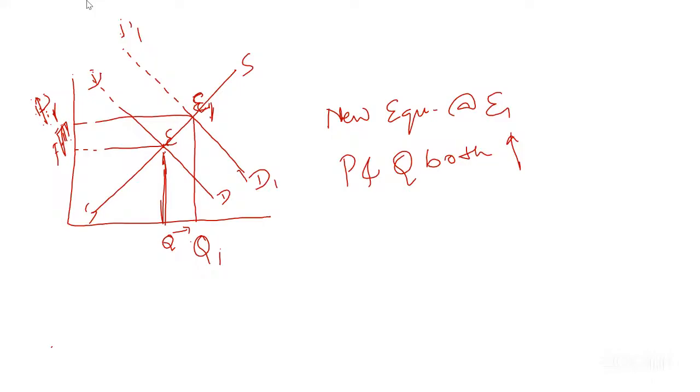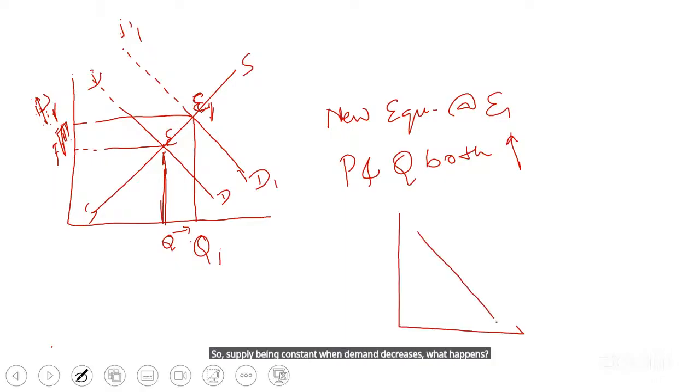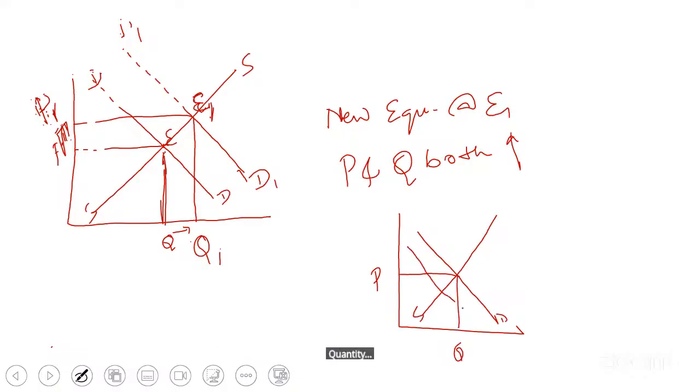So supply being constant when demand decreases, what happens? You have to draw original demand and original supply. Price, quantity. Now demand decreases. So price and quantity both decrease. Am I clear?